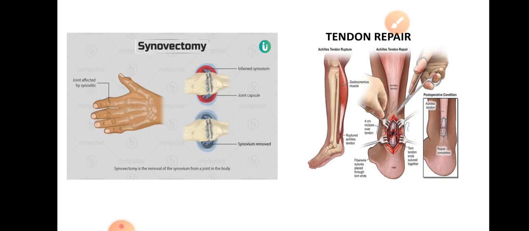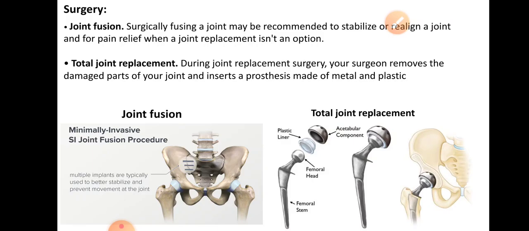So here the pictures are there for synovectomy and tendon repair. You can observe. Next is joint fusion. Surgically fusing a joint may be recommended to stabilize or realign a joint and for pain relief when a joint replacement isn't an option.